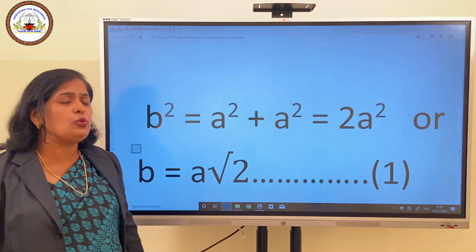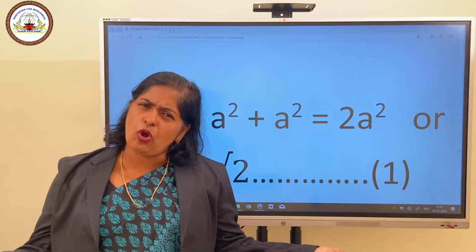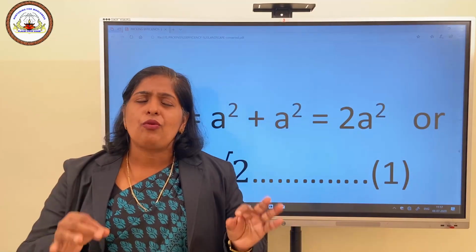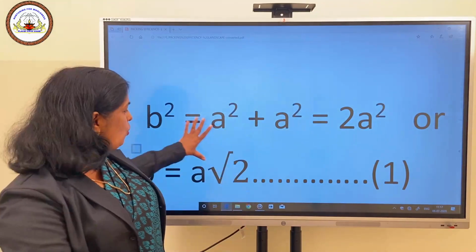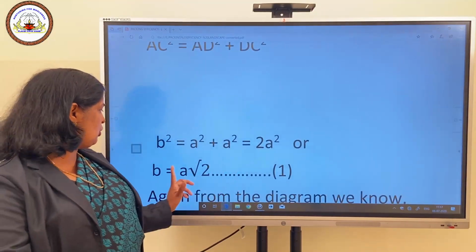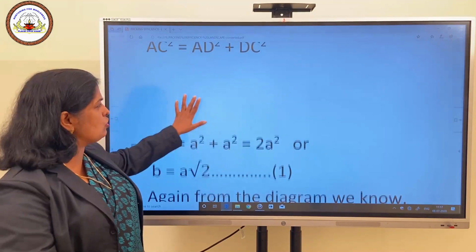Why are we doing all these things? I told you we need an expression of a in terms of r. So this is the first equation for b: b is equal to a root 2.